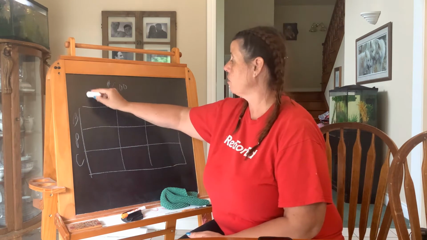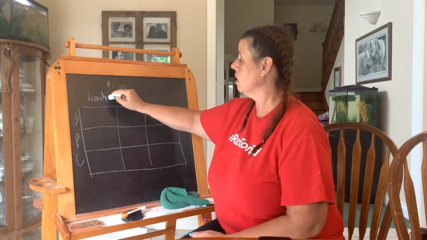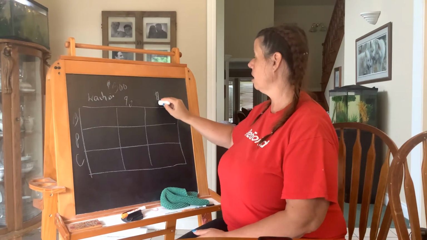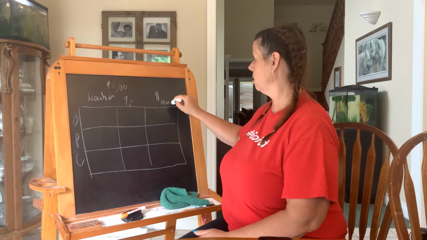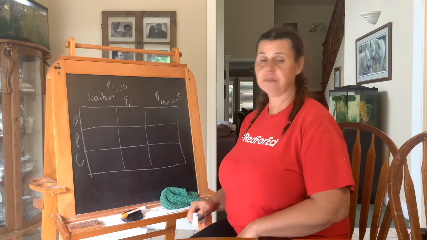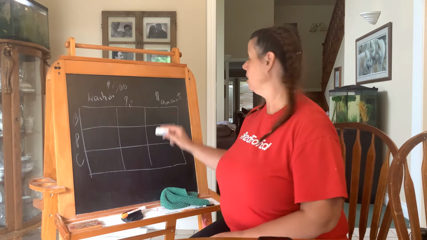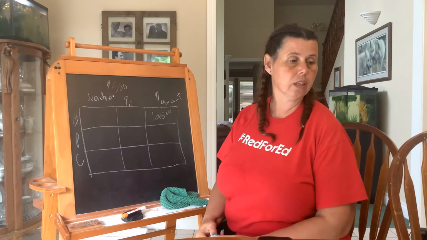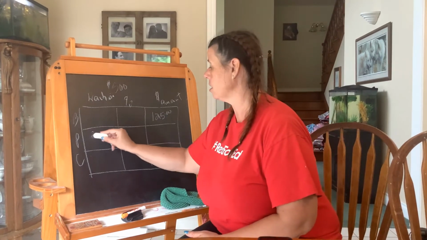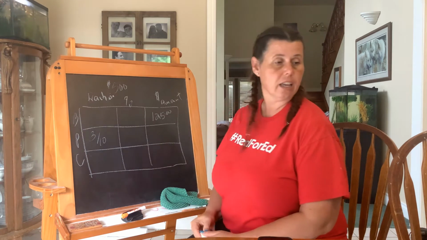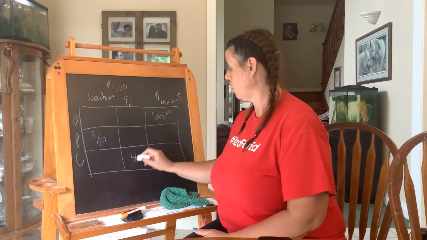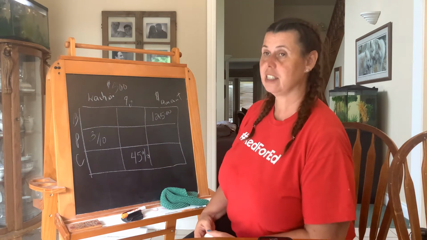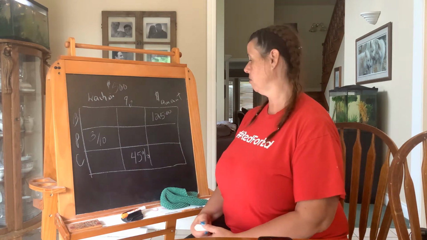This is the fraction, this is the percent, and this is the money, the actual dollar amount. Okay? So they filled in that this is $125. And they also filled in that this is 3/10 and that this is 45%. Okay, I love these. This is like a fun little puzzle for me.